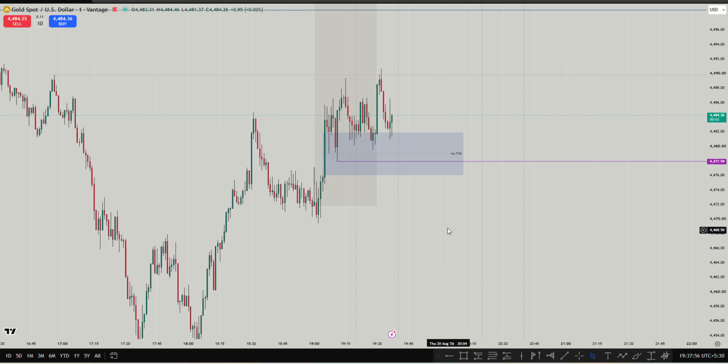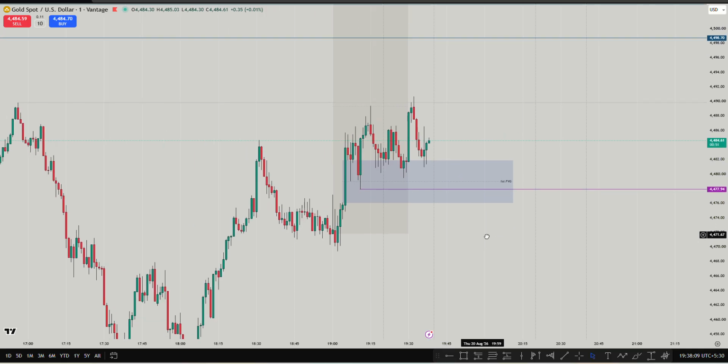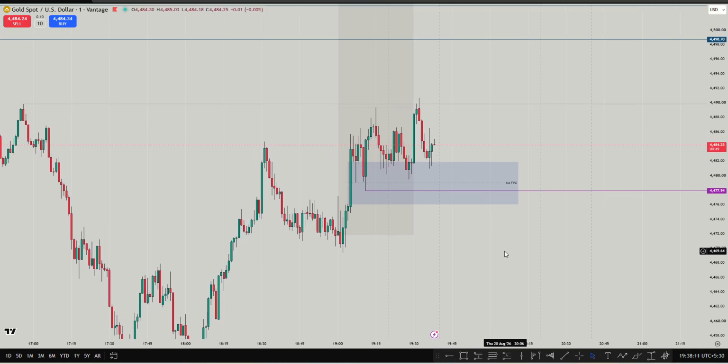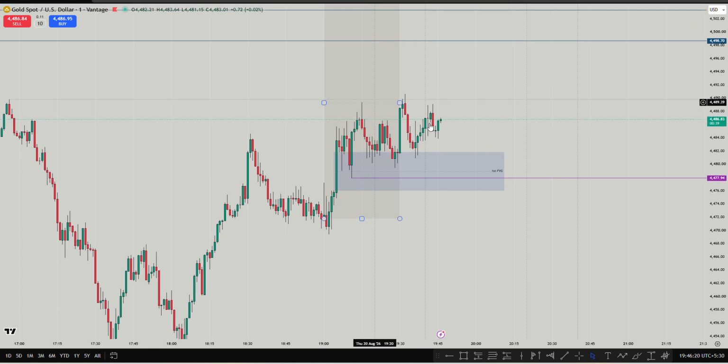Now let's see what happens. I want the market to act like this, this, this. But let's see what happens. We don't get anything. You can see here, nothing happens.